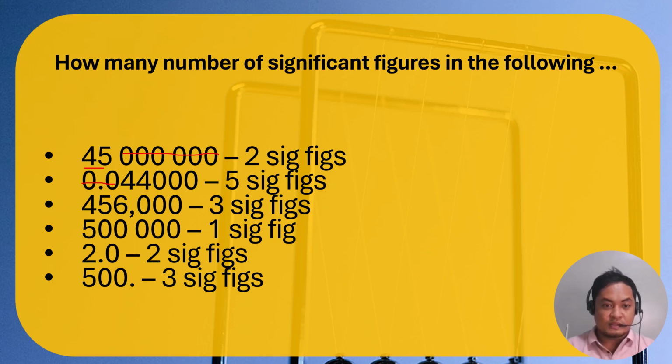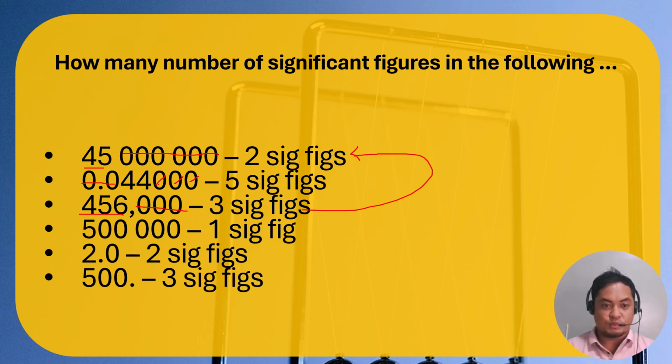They considered this zero and this zero and this zero as significant figures in this case. And then we have 4, 5, 6. We only have three sig figs here. It's just related to how they come up with the answer in the first bullet. It never includes these three zeros here.